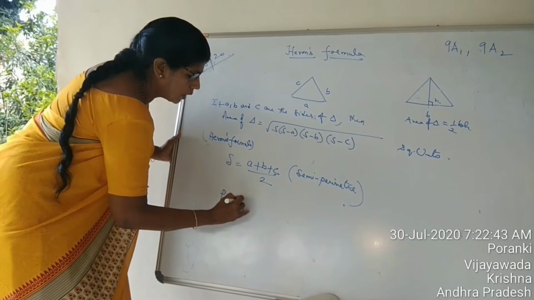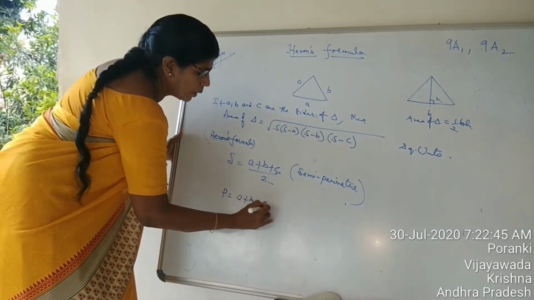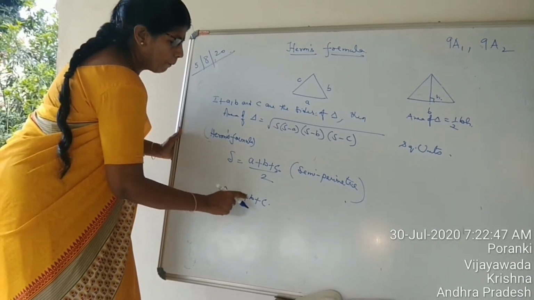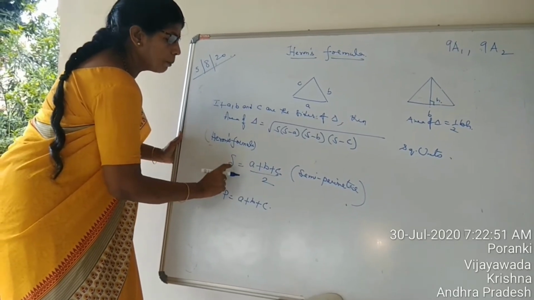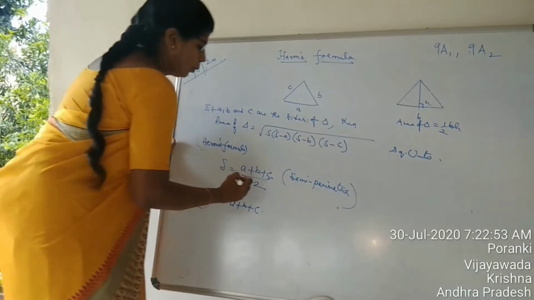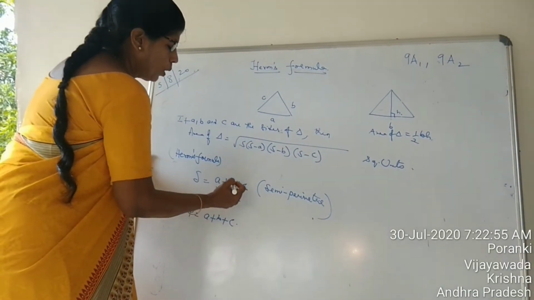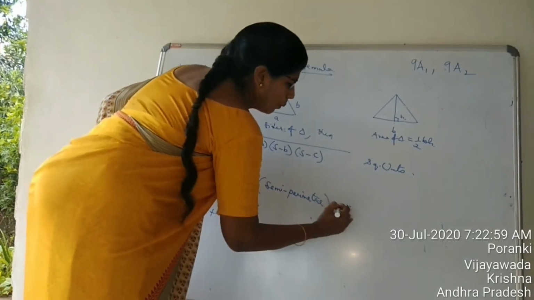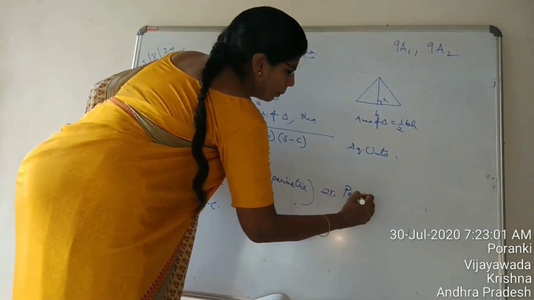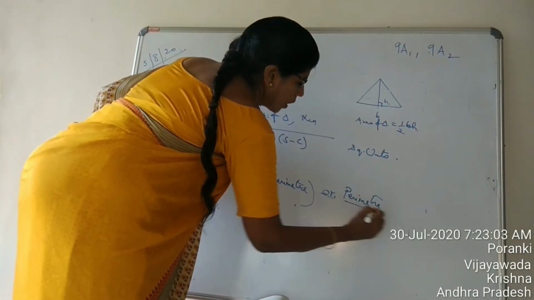Semi-perimeter. Perimeter of a triangle is equal to A plus B plus C. Perimeter by 2 is called semi-perimeter. Therefore, S is equal to (A plus B plus C) by 2 or perimeter by 2.